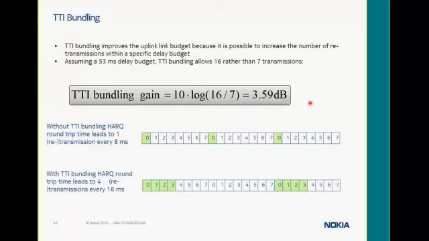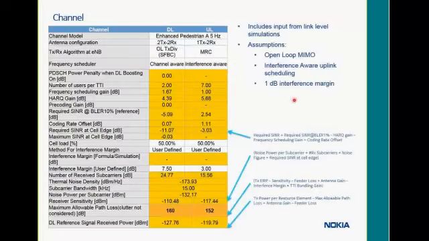It's because this is using a longer TTI bundling period, looking at a 53 millisecond delay budget versus the 12 millisecond delay budget that I mentioned earlier, which had a 2-point-something dB gain. But this does affect our link budget.